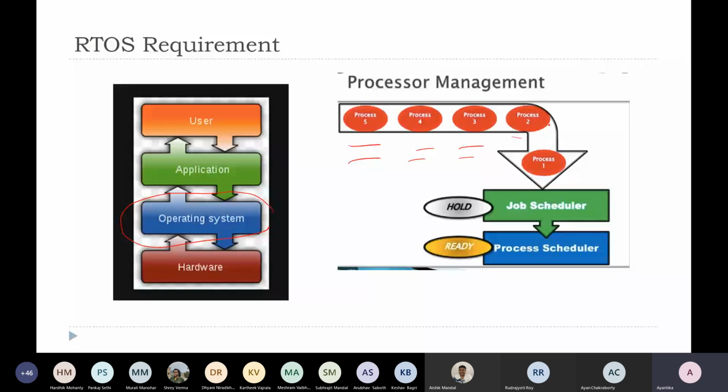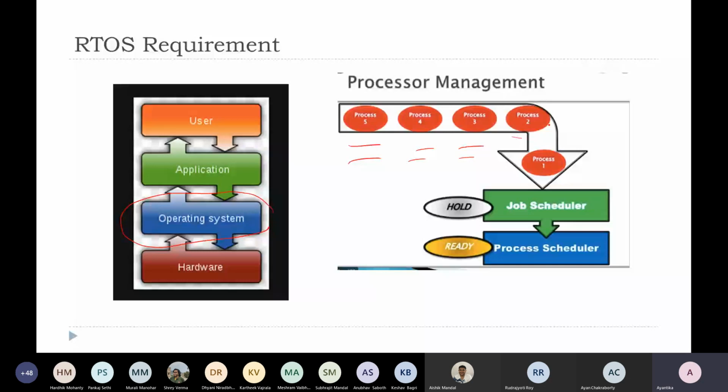In scheduling in a real-time operating system, you have already learned different types of algorithms, RMF and other real-time algorithms, and how multiple processes can be scheduled, and your operating system should be able to schedule your tasks maintaining the real-time requirement.